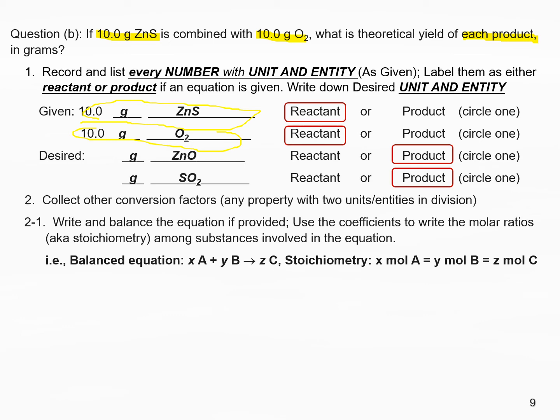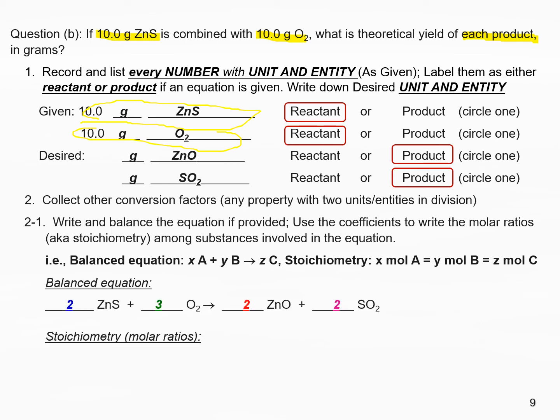So with this balanced equation, remember the coefficient becomes the molar ratio. According to this balanced equation, 2 zinc sulfide, 3 oxygen yields 2 zinc oxide and 2 sulfur dioxide. So how are we going to write up the molar ratio? Remember, molar ratio is another name for stoichiometry. I prefer to call it molar ratio because it's more plain English than stoichiometry, which is chemistry terminology.